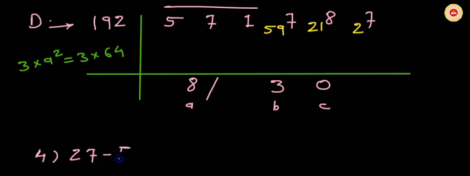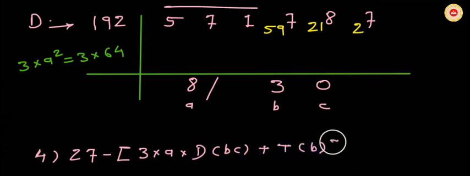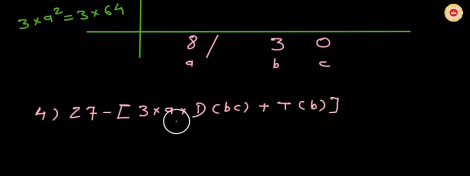What is the formula? 3 multiplied by A multiplied by duplex of BC plus triplex of B. We subtract this sum from gross dividend to get net dividend. Net dividend for the calculation of the fourth digit in the cube root.